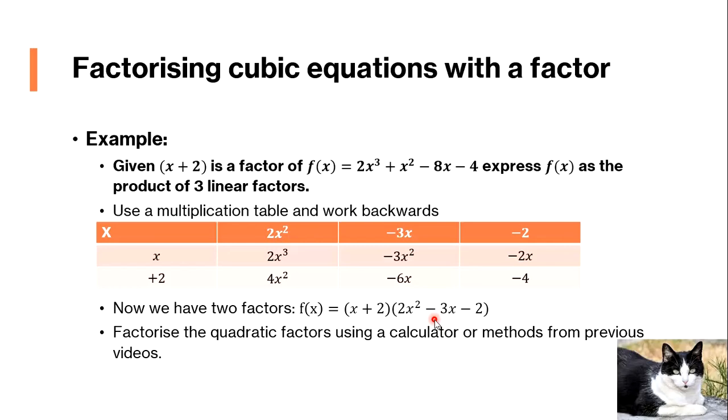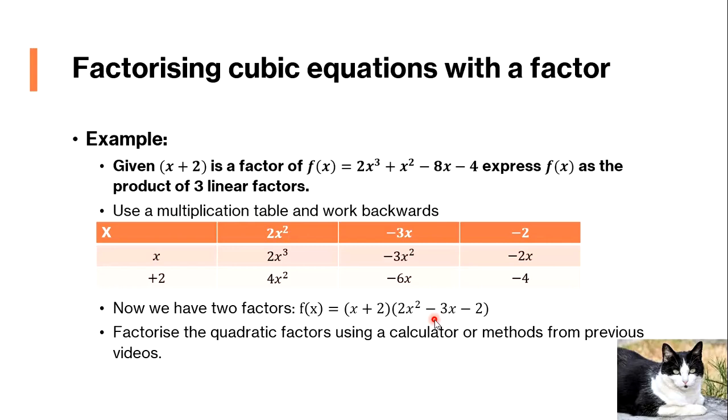Then press number 2 for polynomial. Press number 2 because you're trying to factorise a squared this time. And then type in 2 in front of the x squared, minus 3 in front of the x, and minus 2 instead of 0. And then press equals, and it'll say x1 equals 2.